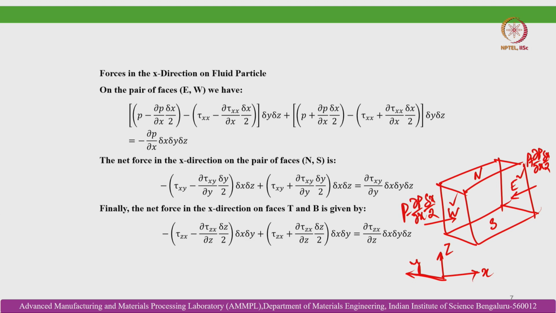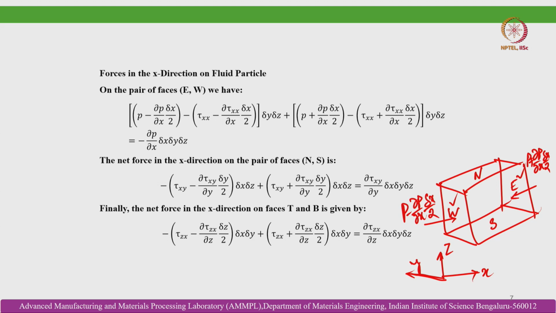So, if we balance the forces in the x direction over the fluid particle, then we can write P minus del P del x by 2 minus tau xx minus del tau xx by del x into delta x by 2 into del y del z, plus P plus del P del x delta x by 2 minus tau xx, plus del tau xx by del x into delta x by 2 into del y del z.